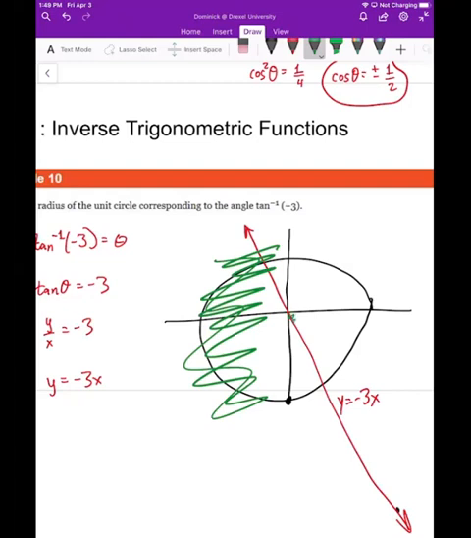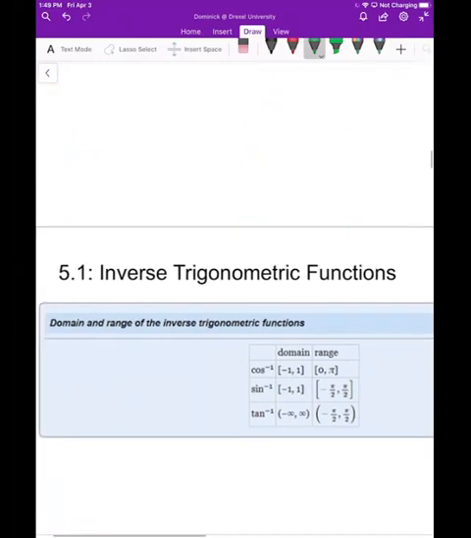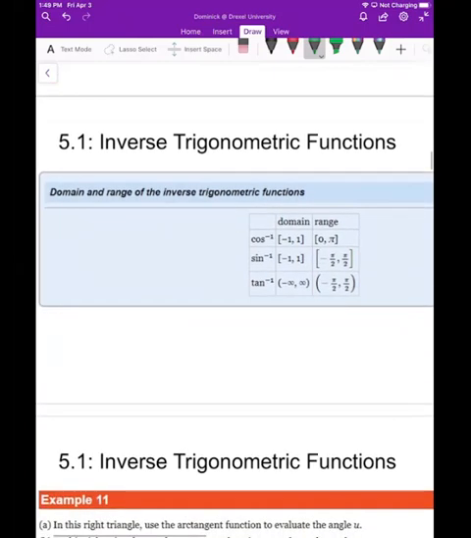And that would be my corresponding radius. All right, so that's the radius for inverse tangent of -3. All right, so just to summarize, there's my domain and range for each of the 3 inverse trig functions that we talked about.